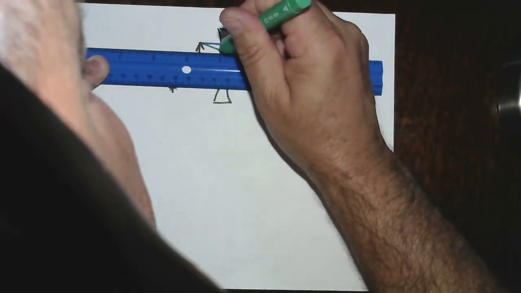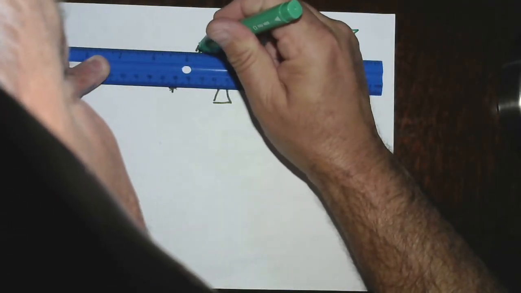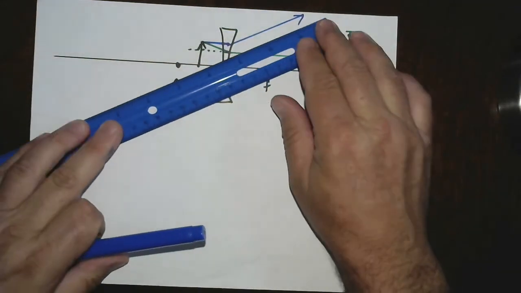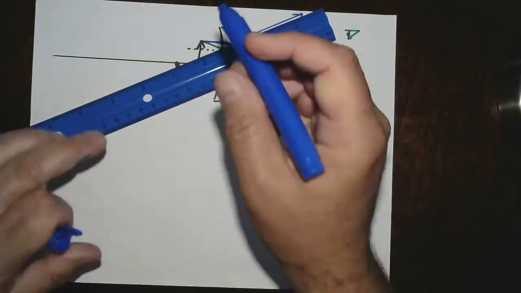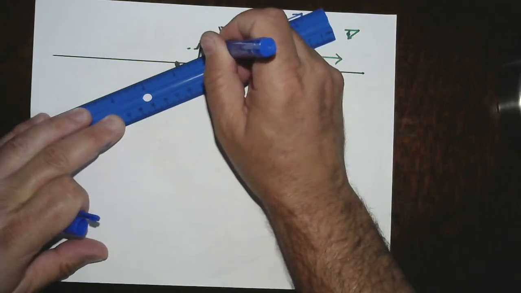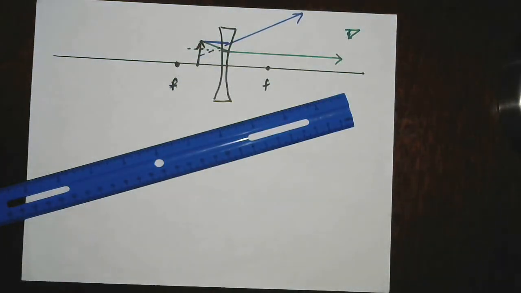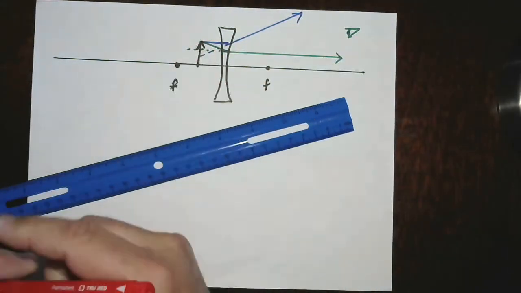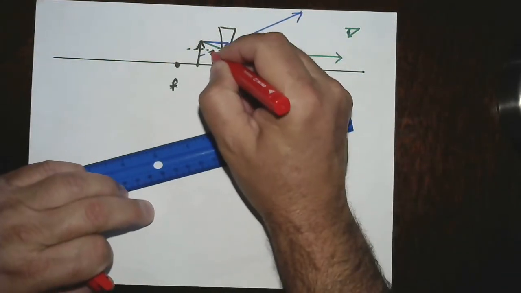And let's see where that is. Okay, and then the blue dotted line going backwards on this guy. Oh my. Okay, these 2 dotted lines seem to converge right just behind the lens, and their point is where the arrow is.